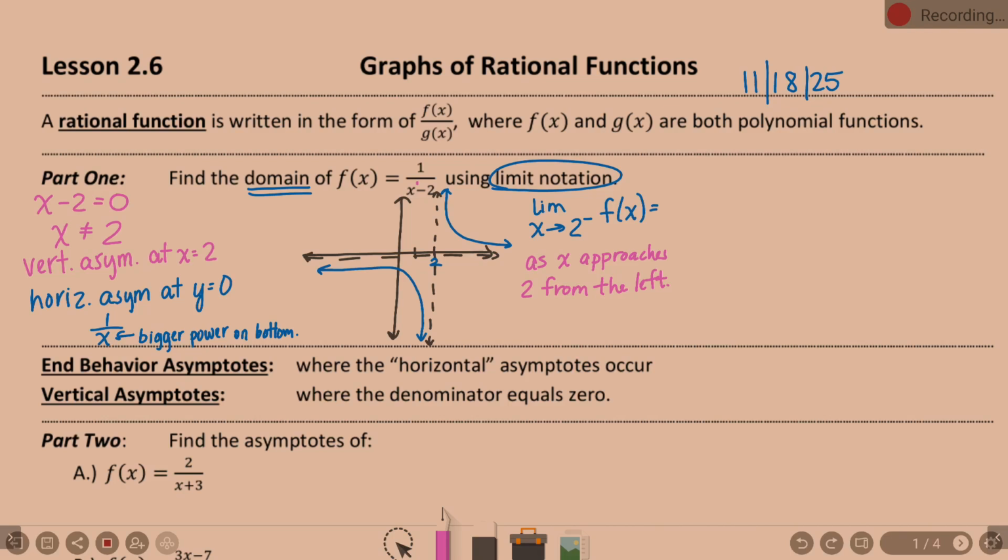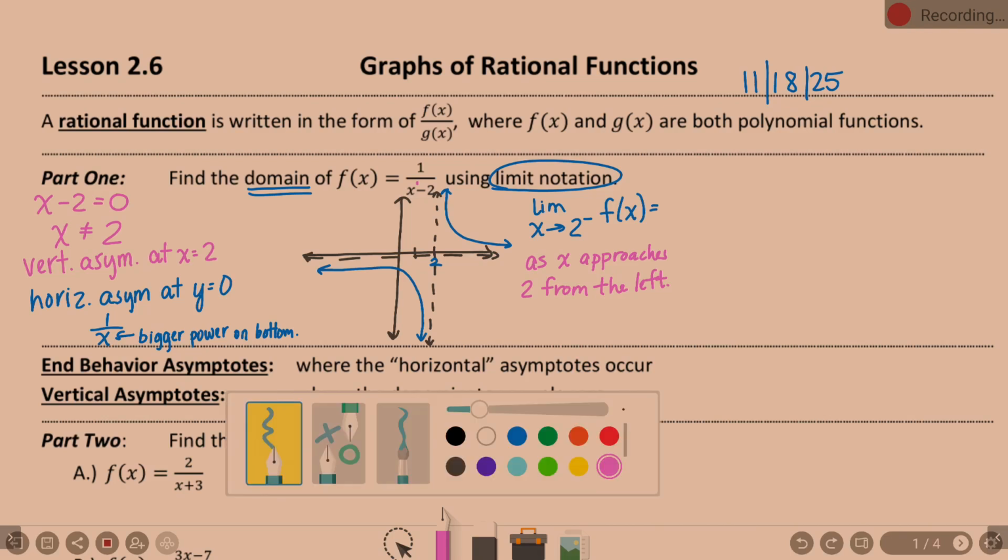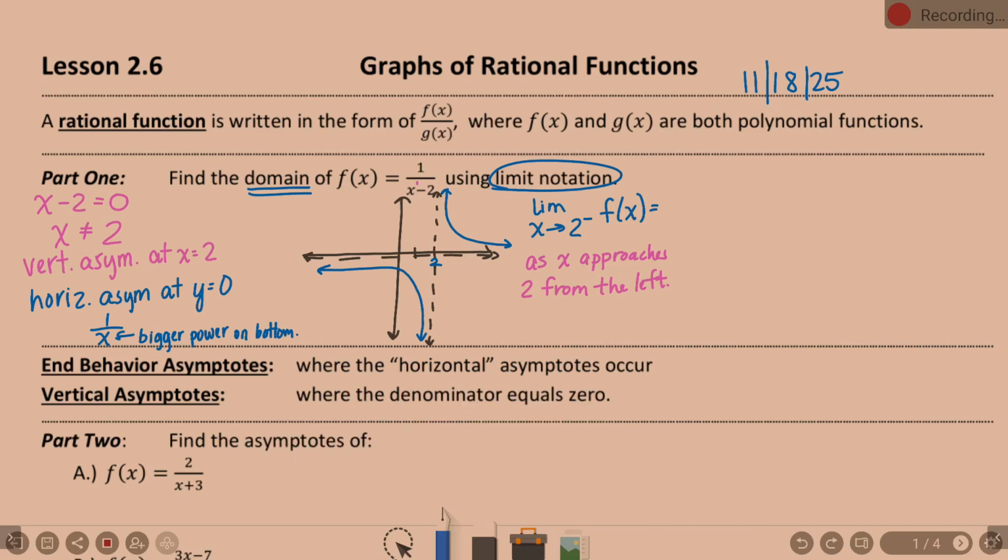So this is one thing we're going to answer. The other piece of information we're going to answer, I'll come back and fill in my answer here in a moment, is the limit as x approaches 2, guess what? From the positive side, aka the right side. So the limit as x approaches 2 from the positive side of f of x.